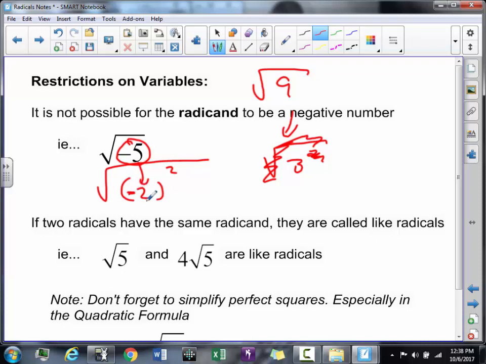A negative times a negative would still give you a positive. So it's physically impossible to find a number that, when you multiply it by itself, ends up being negative. Positive times positive gives you positive. Negative times negative gives you positive. You can't use a positive and a negative to get to the negative, because it has to be the same thing twice. So hopefully that helps explain why square roots of negative numbers aren't possible.